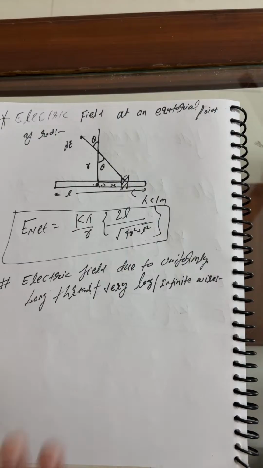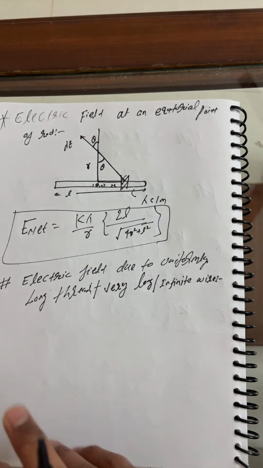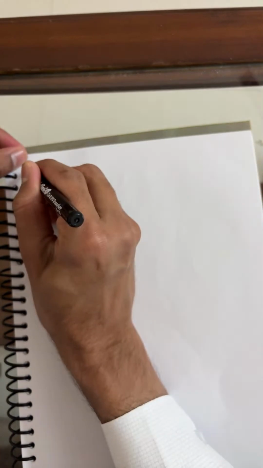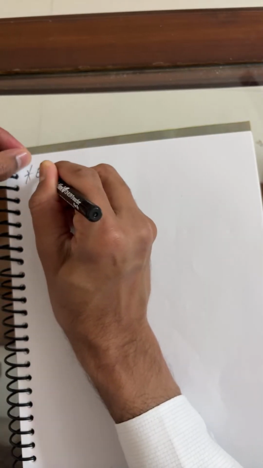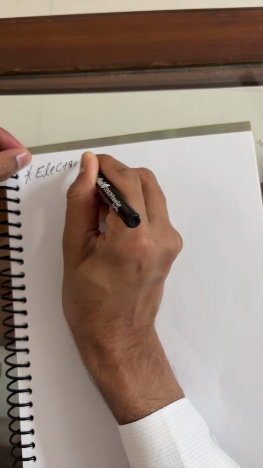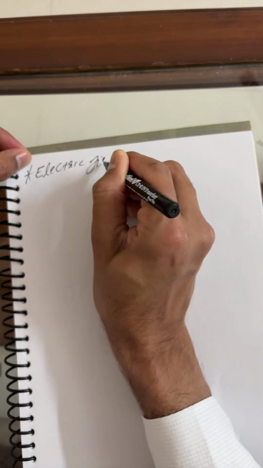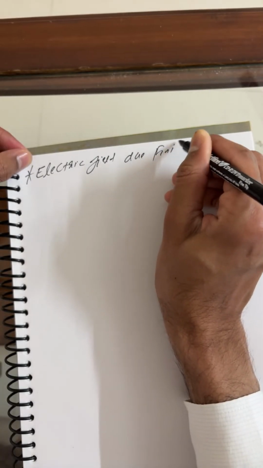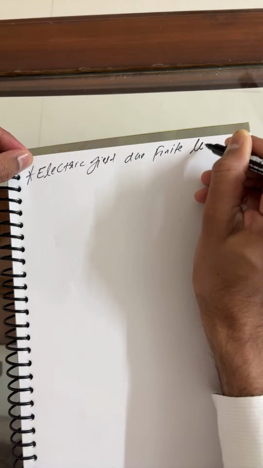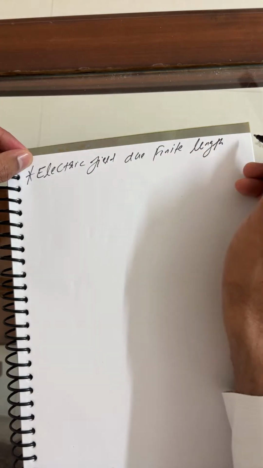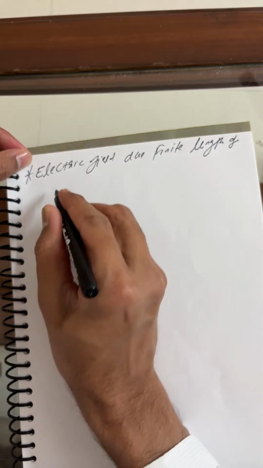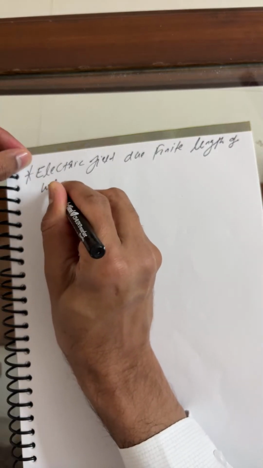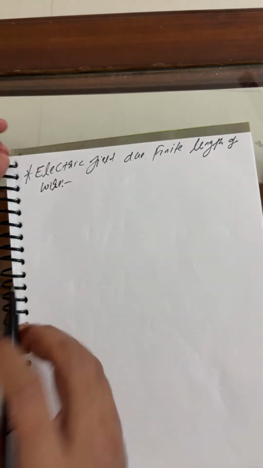Before writing the formula for this, I want to teach something first, so just listen. This is the electric field due to a finite length of wire, or you can say a uniformly charged finite length of wire.